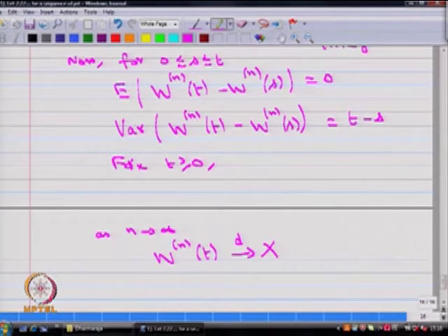Using CLT, one can conclude Wn of t converges to the random variable X in distribution, where X is normal distribution with the mean 0 and the variance t.